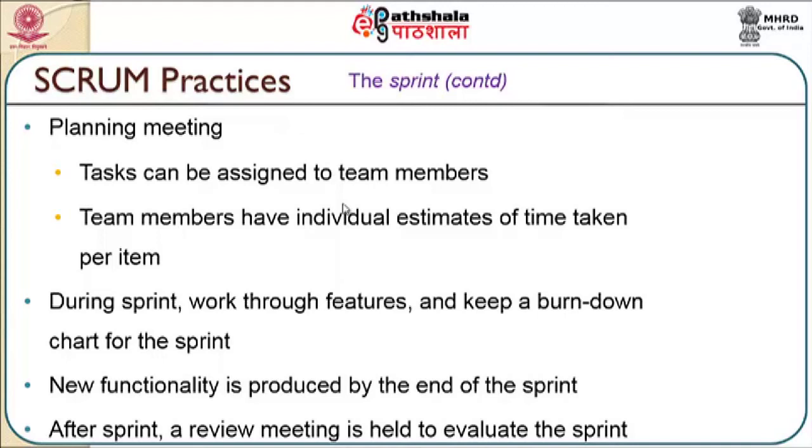Once the customer or the product owner feels that additional features should be incorporated on the existing ones, that can happen only after the current sprint backlog is over. After every sprint, there is a review meeting that evaluates the sprint with the help of Scrum Masters and product owners.